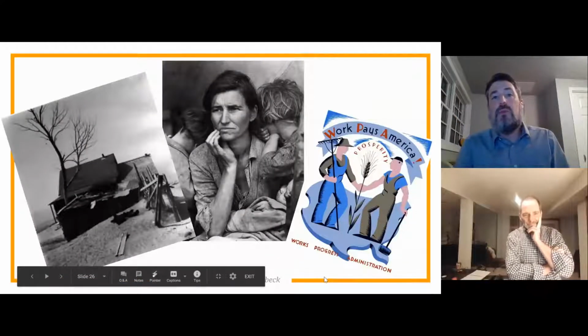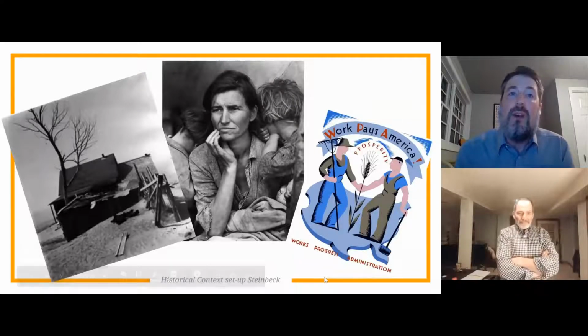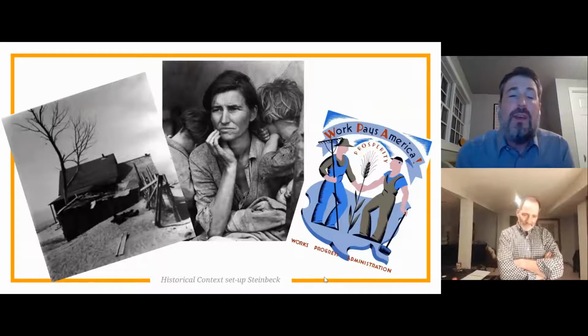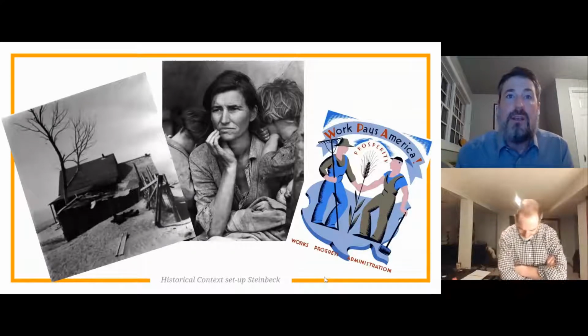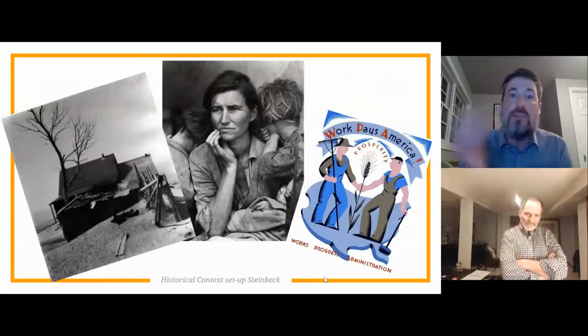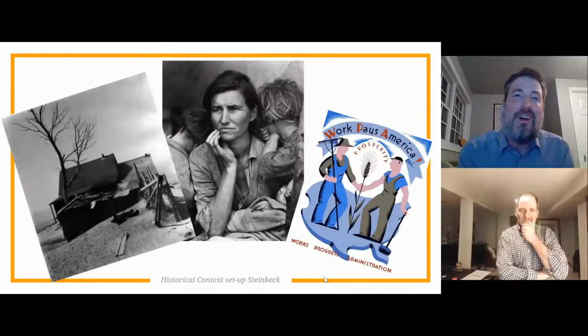And one text where I found that the 3 I's is particularly helpful is an excerpt from Steinbeck's Grapes of Wrath, and I do it in context. I use the visuals, some of which you see here, the photographs from the migrant trains to California, and even some of the WPA advertisements.